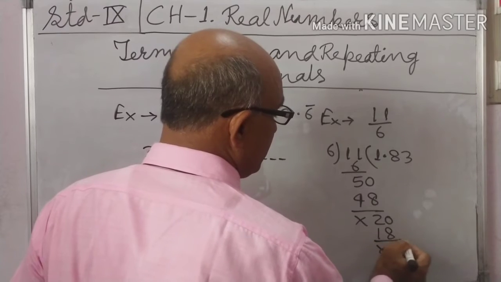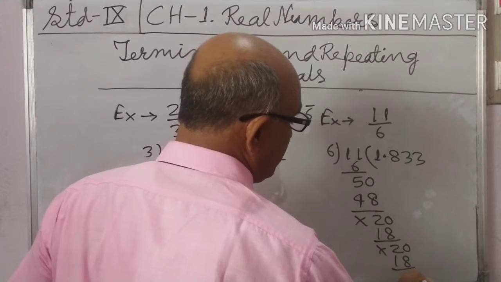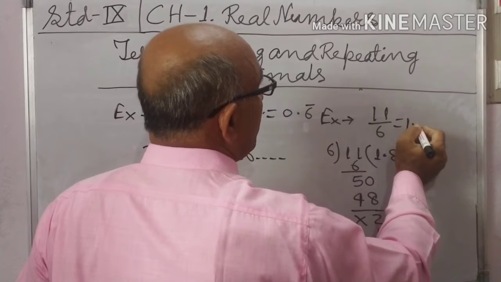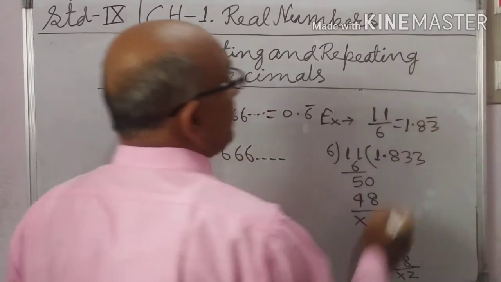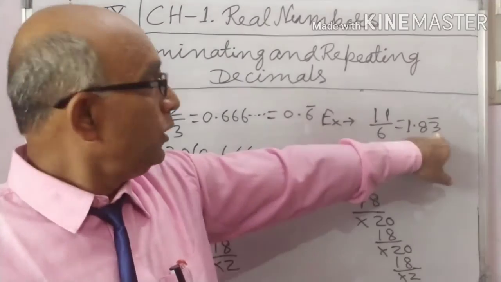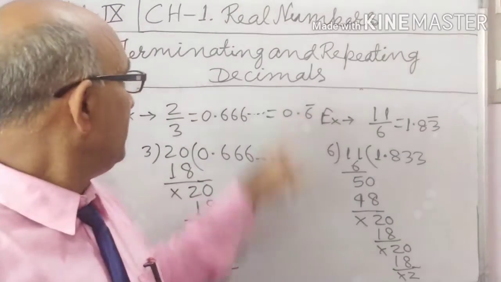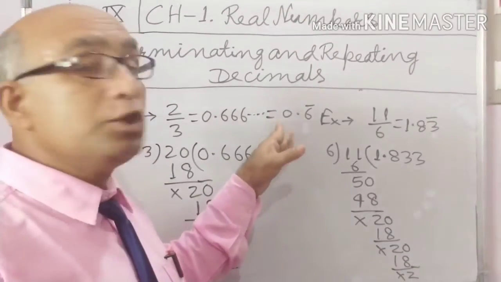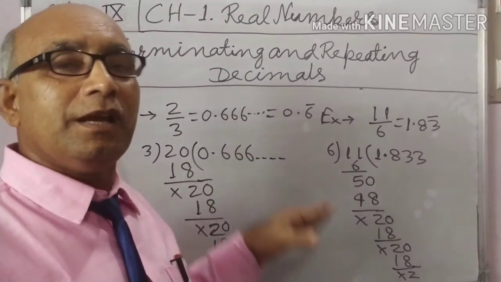Now again 2. So 1.833 and so on. So 3 is the repeating digit and the length of the period is 1. Here also the length of the period is 1. These are examples of repeating decimals. They do not terminate, and terminating decimals do terminate.